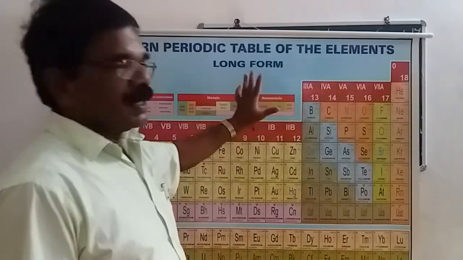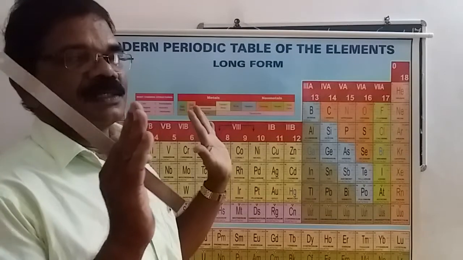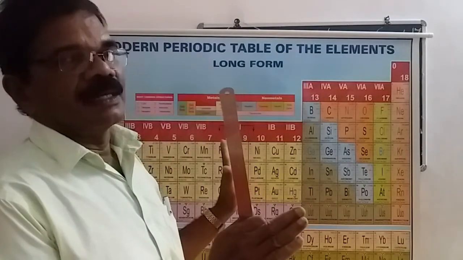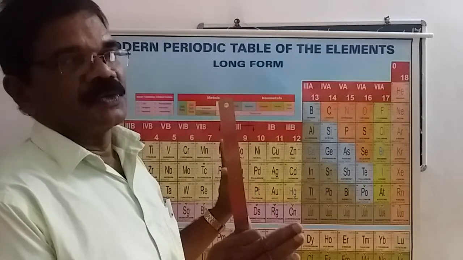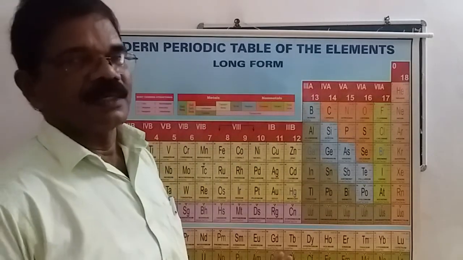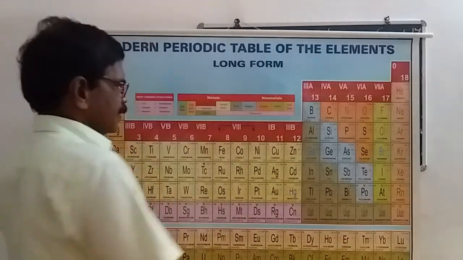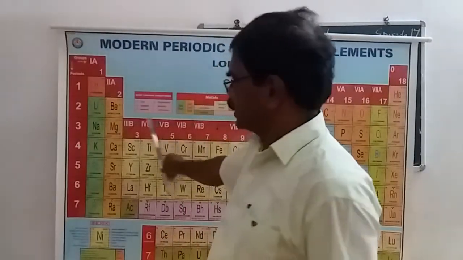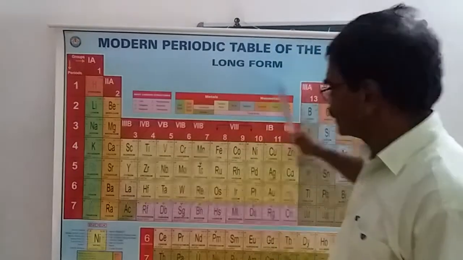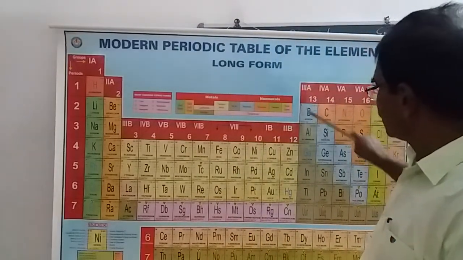Then by seeing the position in the periodic table, we can come to a conclusion whether the element is a metal or a non-metal. If it is on the left side, it is a metal. If it is on the right side, it is a non-metal. There is a clear-cut line between metals and non-metals.